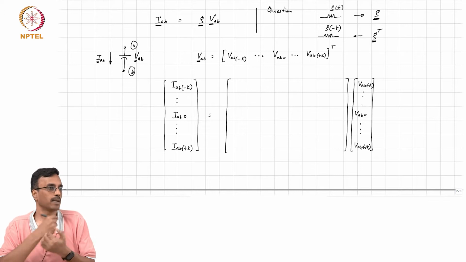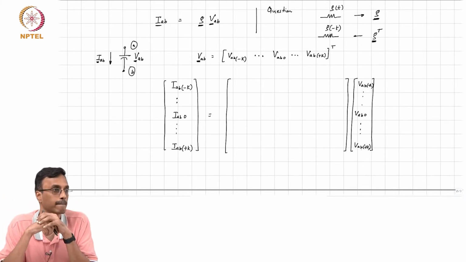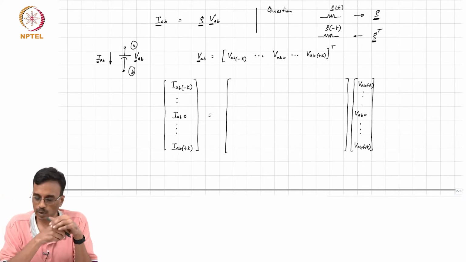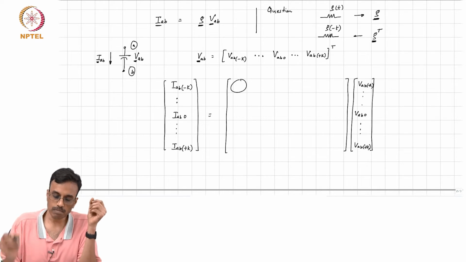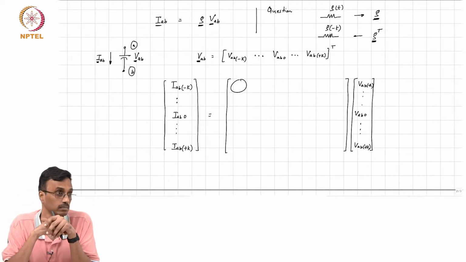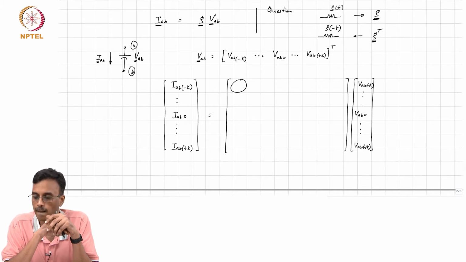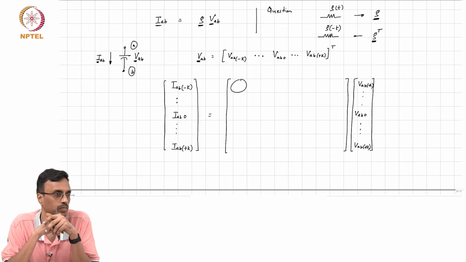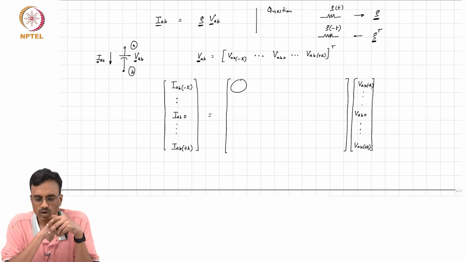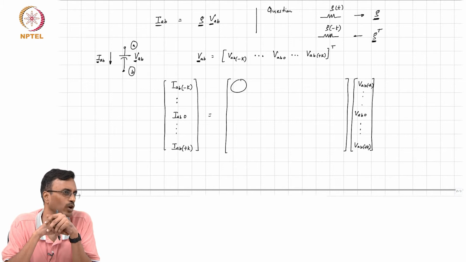Any thoughts? What will be the first row, first column? No, current must be related to voltage in what way?